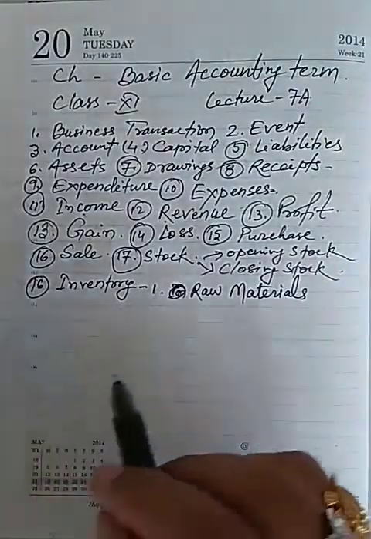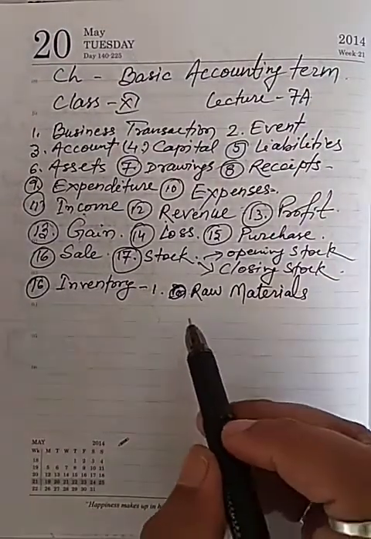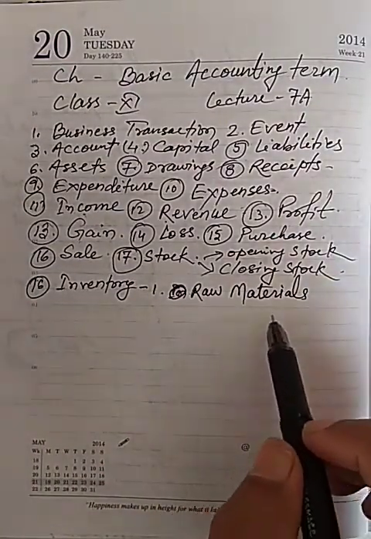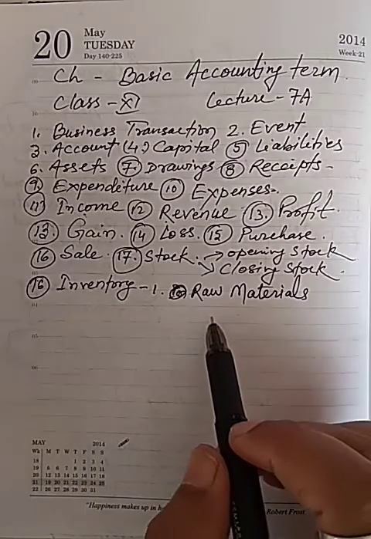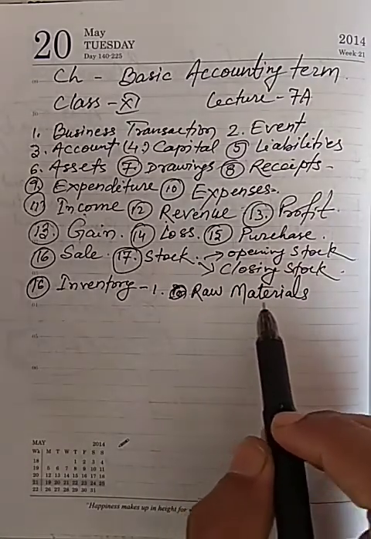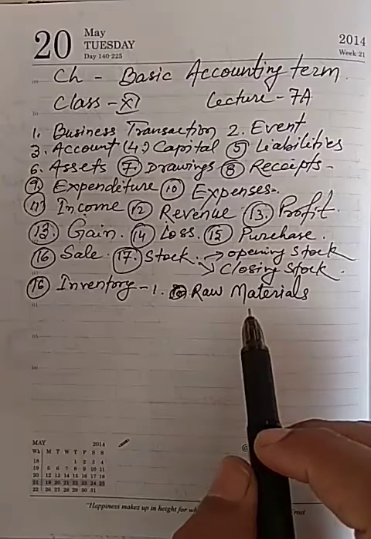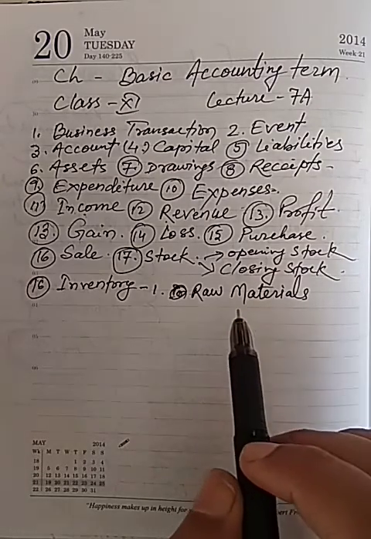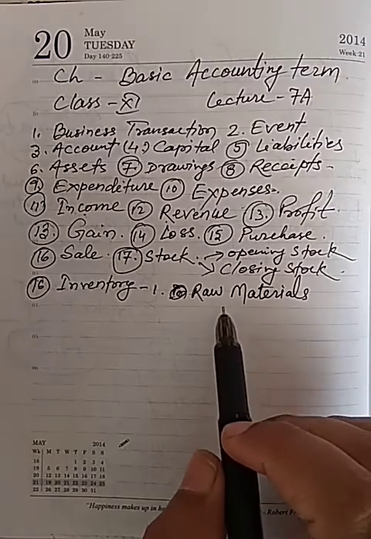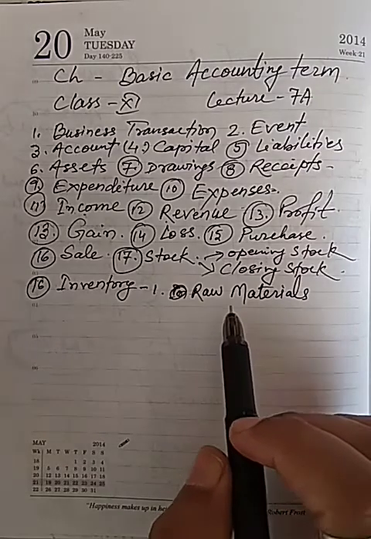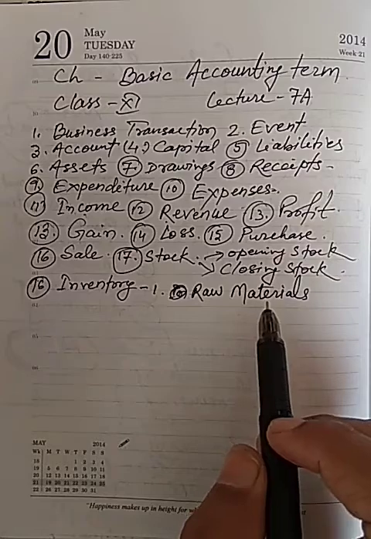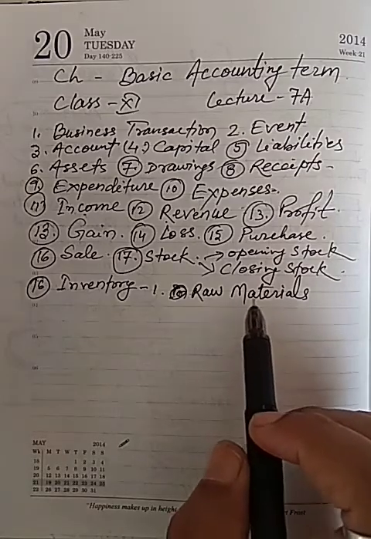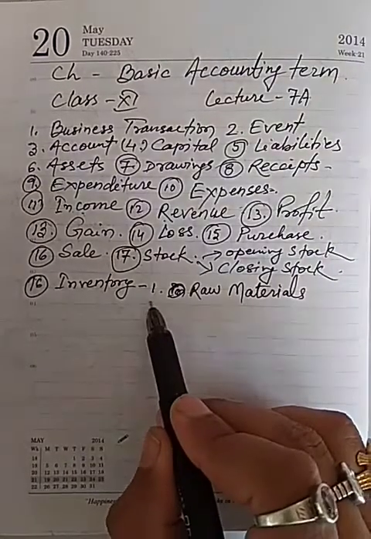It includes inventory of raw materials purchased for use in the product manufactured but still lying unused. For example, the value of cotton in case of cloth mills is the inventory of raw material.